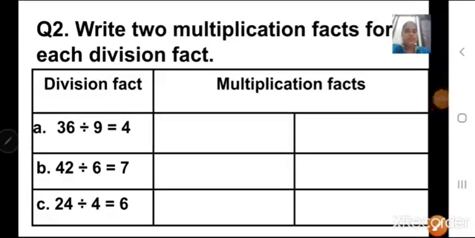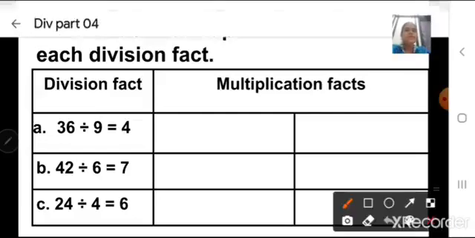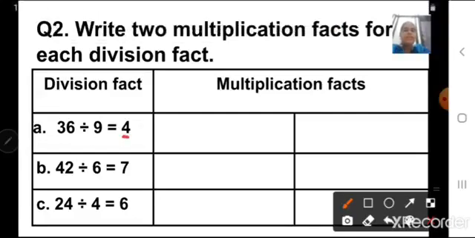Next is question number 2. Write 2 multiplication facts for each division fact. So your division facts are given and we have to write the multiplication facts. Correct? See the A1. 36 divided by 9 is equal to 4. How will we write the answer? We will take number 4 multiplied by number 9.